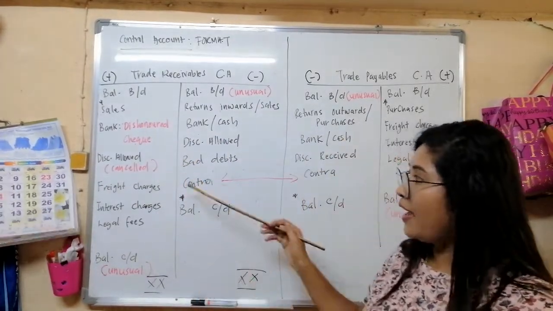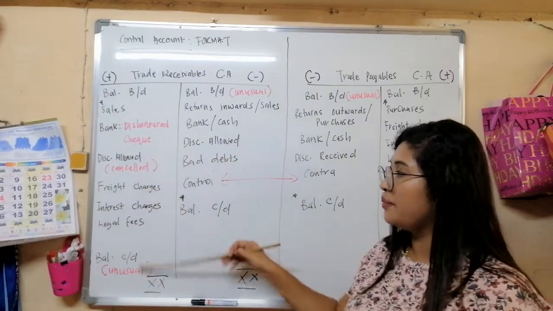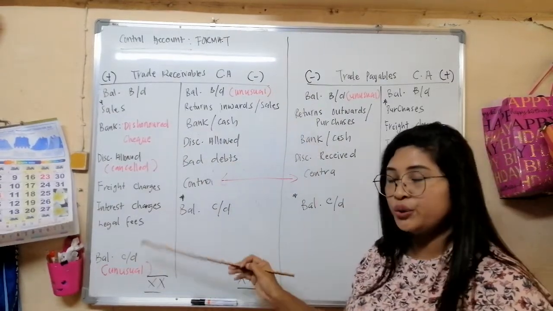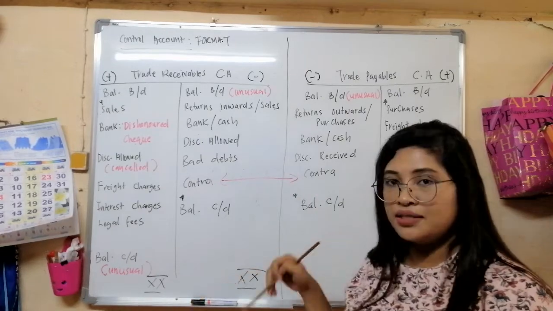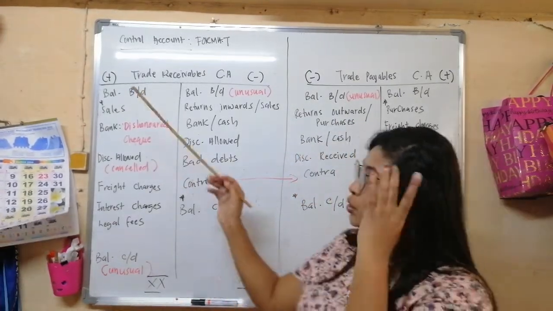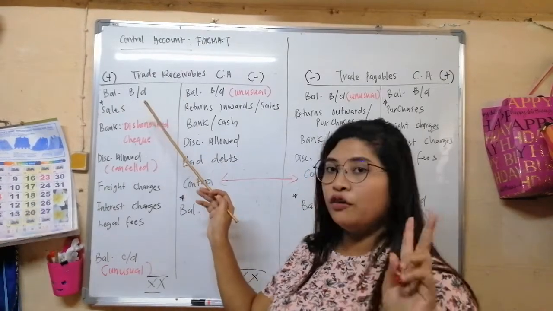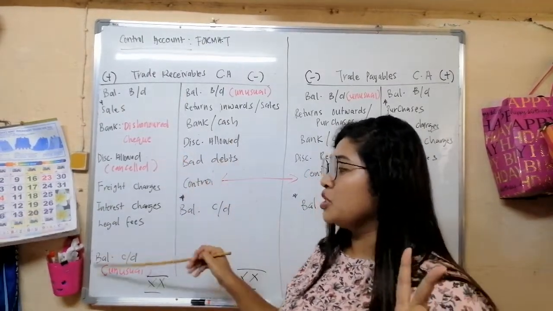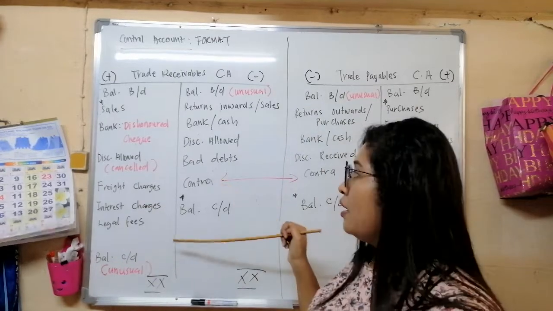Okay, so at the end, the total on the debit side must be equal to the total on the credit side. Okay, and vice versa. If you have two balances brought down, it must be two balances carried down.